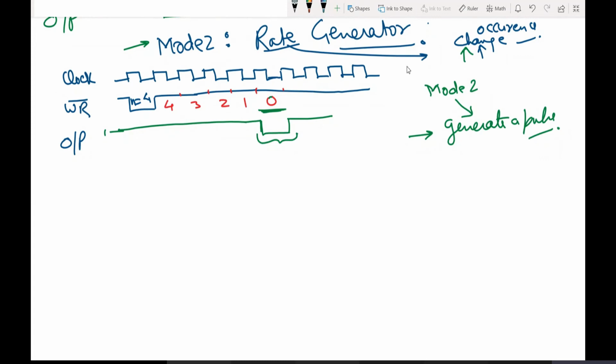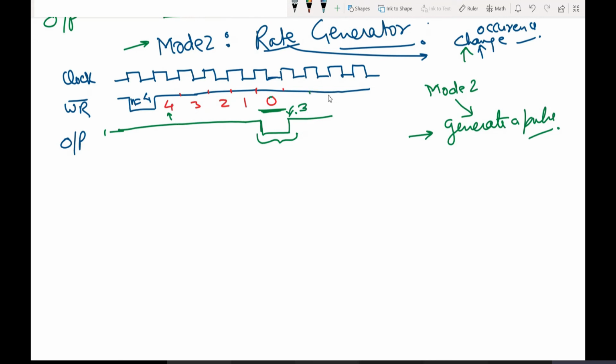Okay, now what happens next? After 1, 2, 3, 4, the count will be reloaded. At this point of time, this count 4 will be reloaded, and it will be reloaded in such a fashion that it starts from 3 now: 4 minus 1, 3.